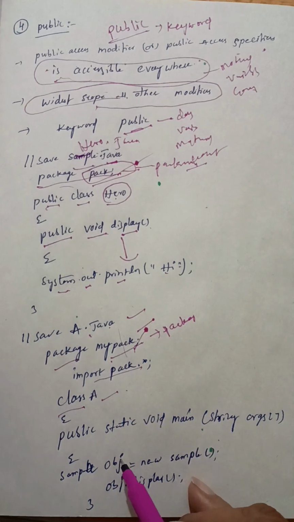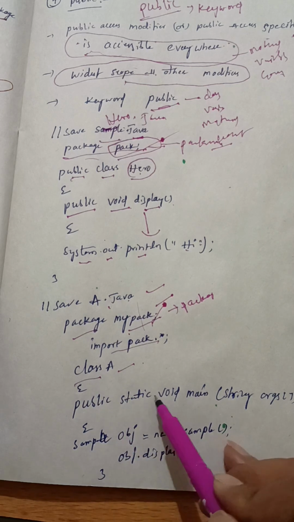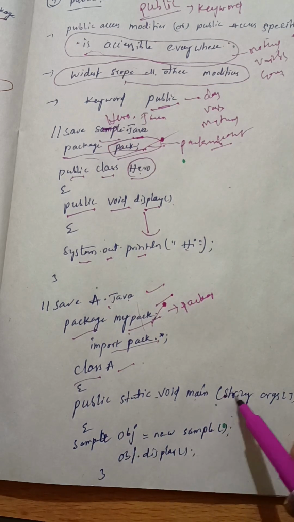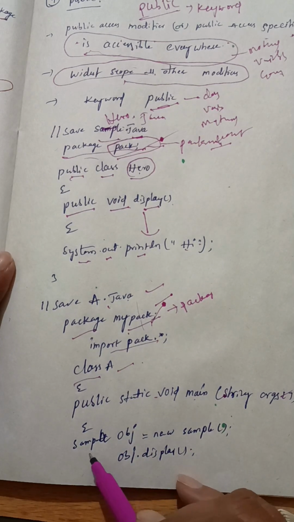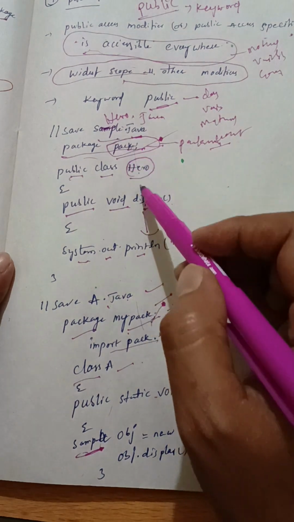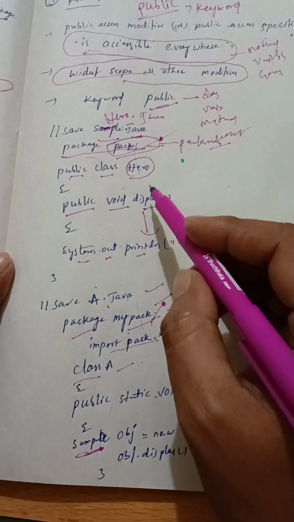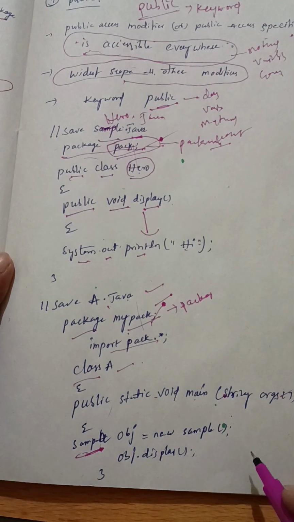Now public static void main string args. I want to create the object for the sample class.